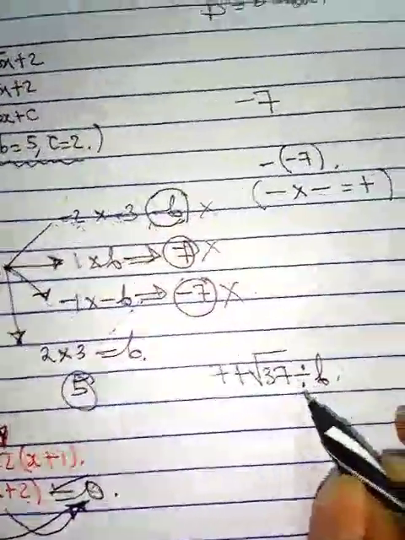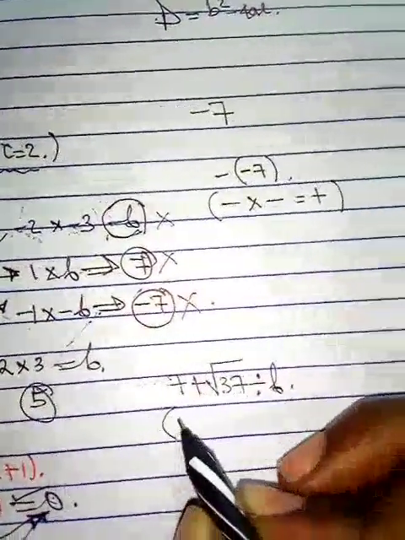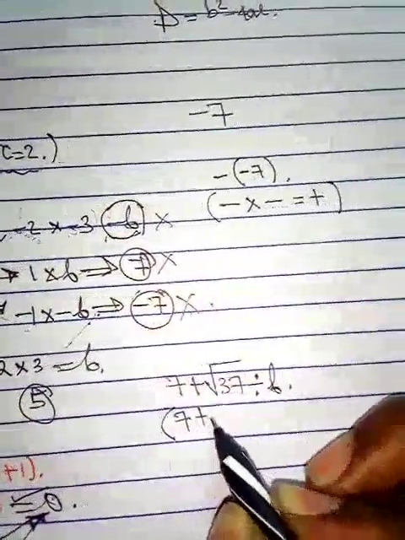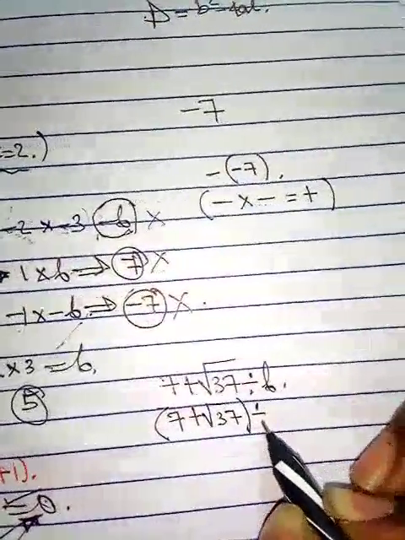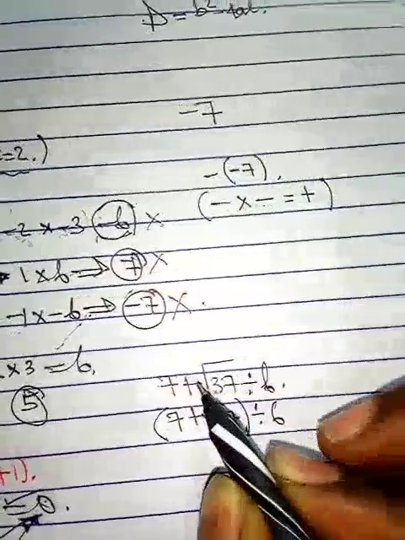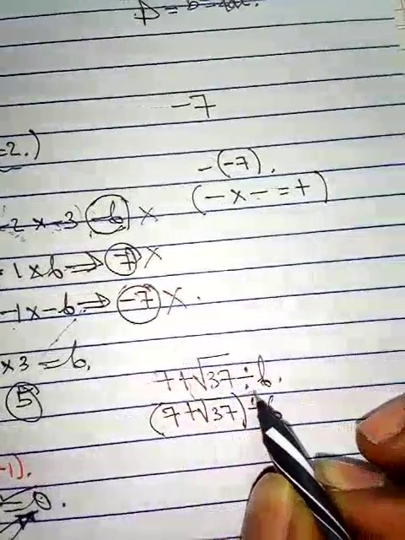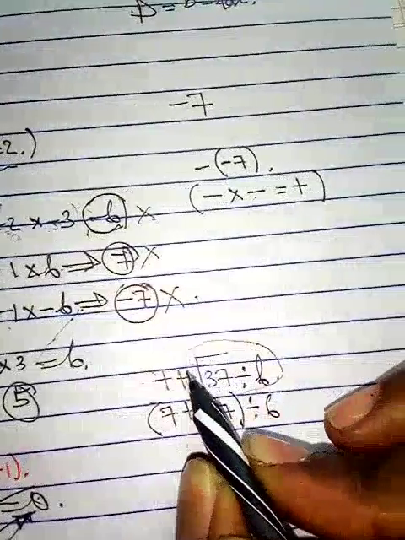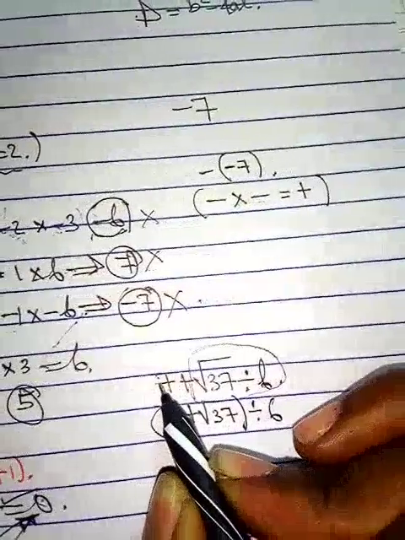If you're going to punch these things directly on your calculator, at least try to put this in brackets, and then say divide by 6. Because if you just go in this way, it's like you are first sorting out the root of 37 divided by 6, and then you add it to the 7, which is exactly wrong.